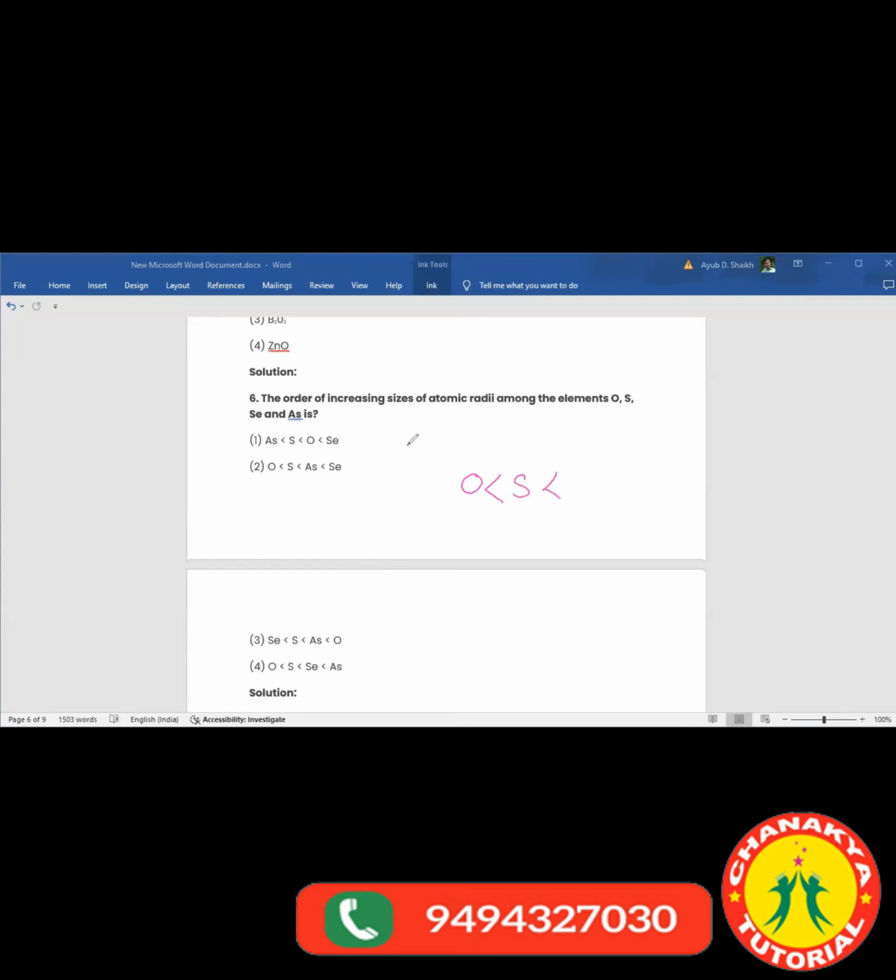Now there is a question between selenium and arsenic. So two options are there. Among these two only would be the answer, these two would be rejected. Now check: arsenic has the more atomic number or selenium has the more atomic number? Periodic table everyone has with you, I guess.